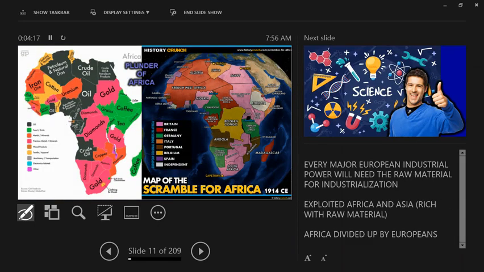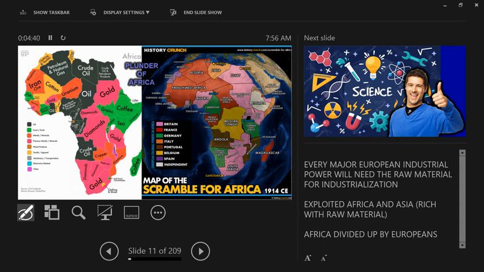A big place that has a lot of these resources is Africa. The map on the left shows the different resources that people are interested in in Africa. The map on the right shows the different European nations that have colonies in Africa.